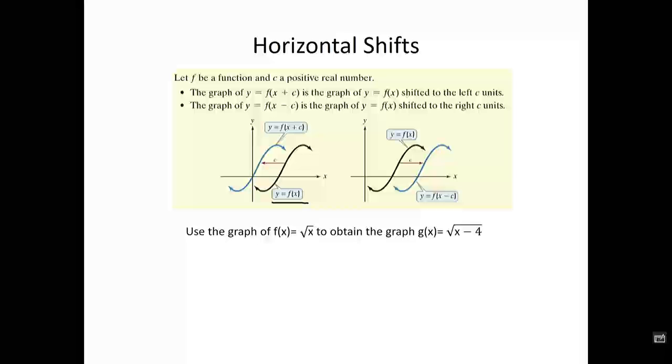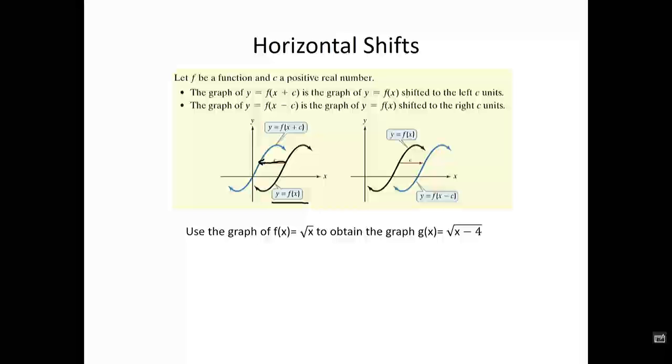A horizontal shift would mean that we are moving along the x-axis. We're going to obtain the graph of f of x plus c by shifting the graph of f of x. Here's f of x, so I'm going to shift it c units to the left. If I shift it 2 units to the left, here we are. So this is the graph of f of x plus c.